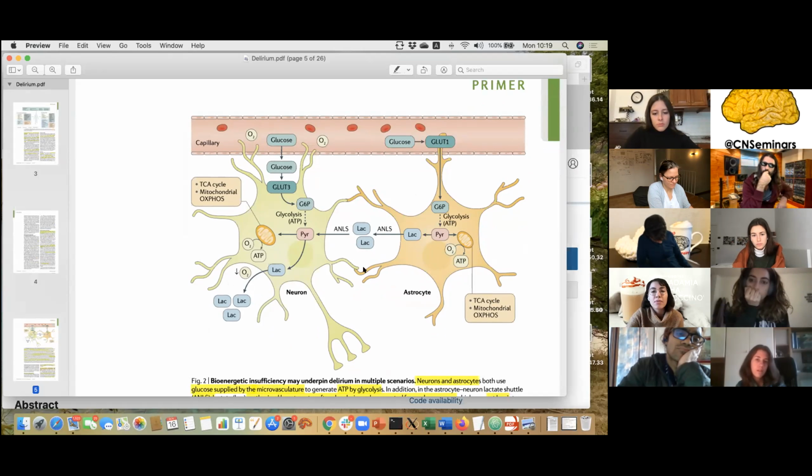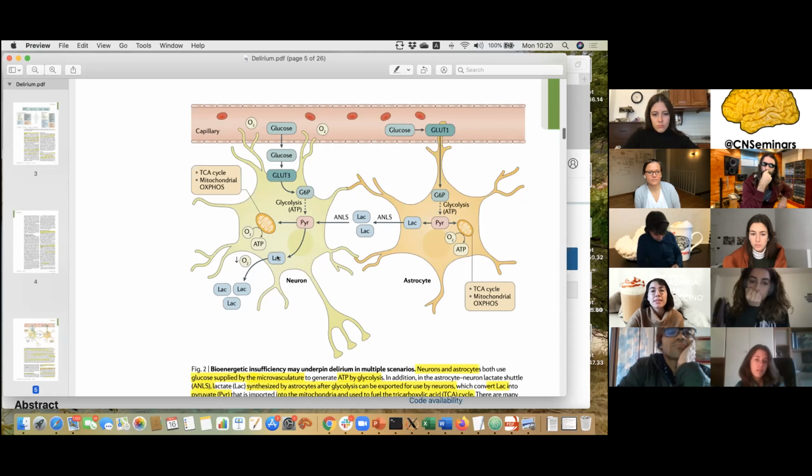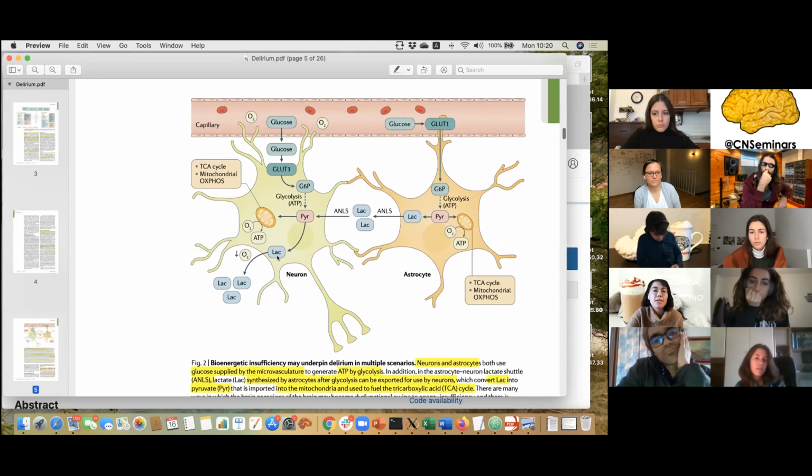In particular, you have the lactate shunt, and here the mitochondrial ATP synthesis. In some diseases, like neurodegeneration, you have dysfunction of these glucose transporters.